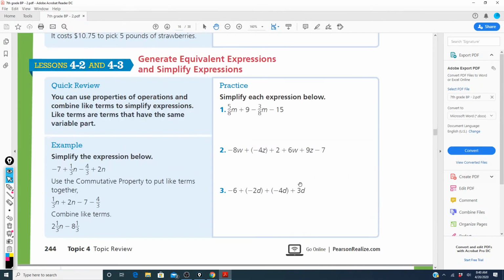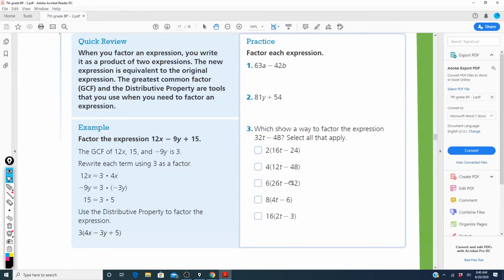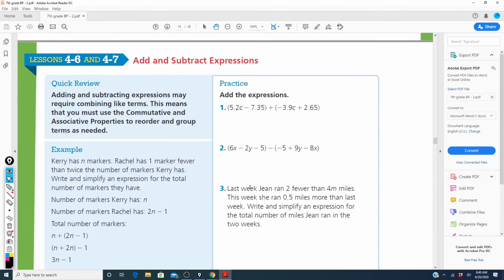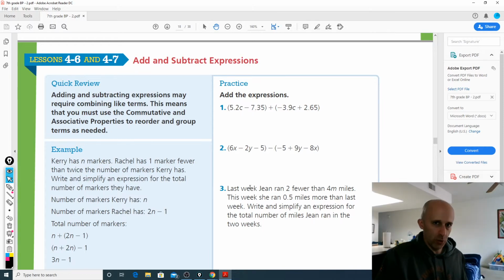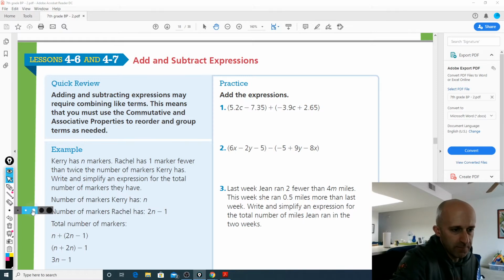I want to go specifically right now to 4-6 and 4-7. Those of you who were with me last Tuesday, I started to go over topic 1 and explain this stuff to you. For those of you who weren't here, just know that to the left here, it gives you a quick review.